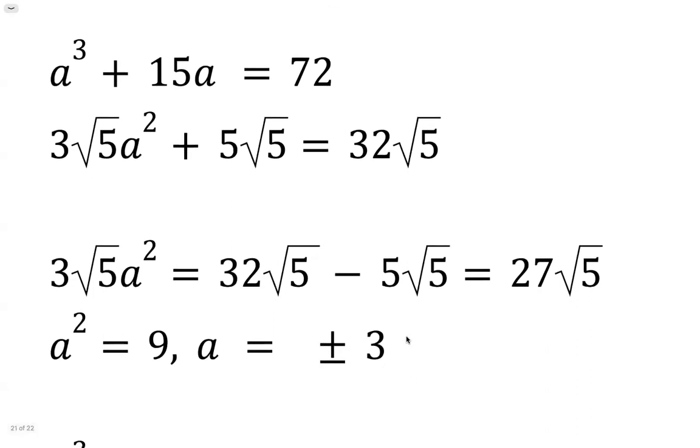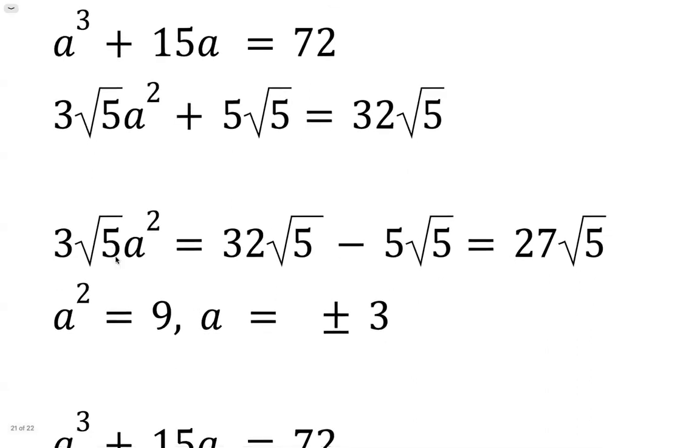Now we have 3 radical 5 a squared equals 27 radical 5. We can divide both sides by 3 radical 5. When we divide 27 radical 5 by 3 radical 5, we get 9. So a squared equals 9, which means a equals plus or minus 3.